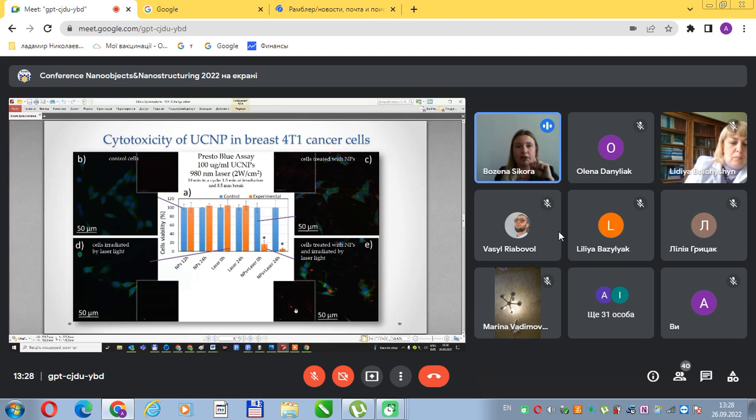And as you can see, directly after irradiation, we observed almost 80% decrease in viability.